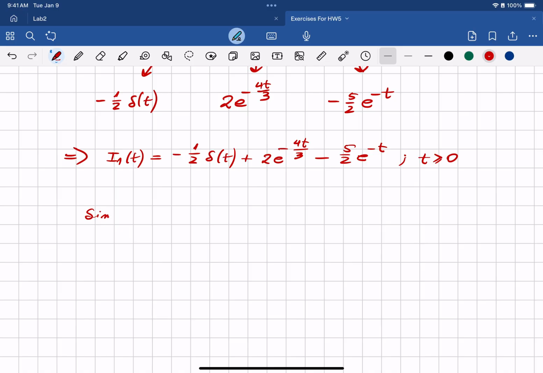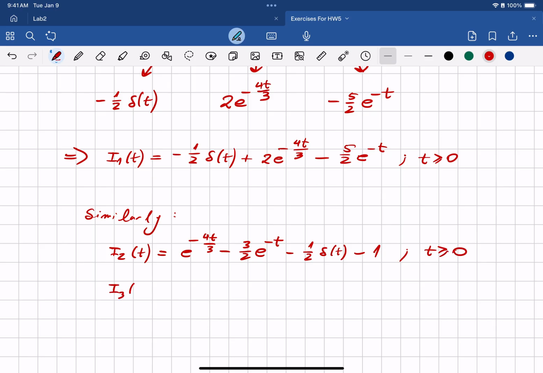Similarly, I2 of t should be exponential of minus 4t divided by 3 minus 3 over 2 exponential of minus t minus 1 over 2 delta of t minus 1 for t greater or equal to 0.